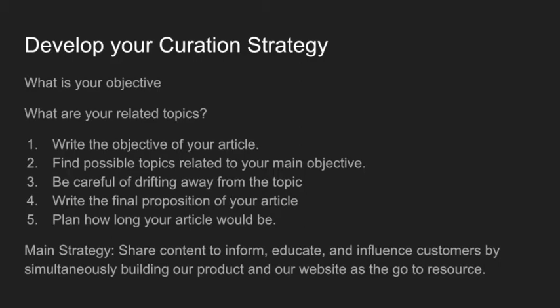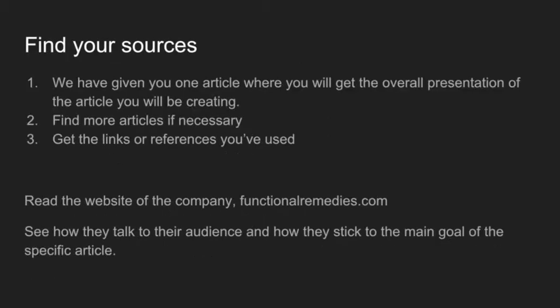All right? The next step is to find your sources. So we have given you one article where you will get the overall presentation of the article that you will be creating. Using that, you have a total of 20 articles from which you can choose the article that you want to curate.